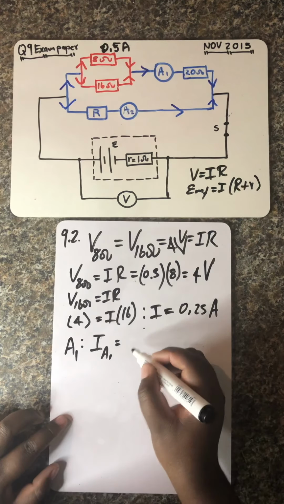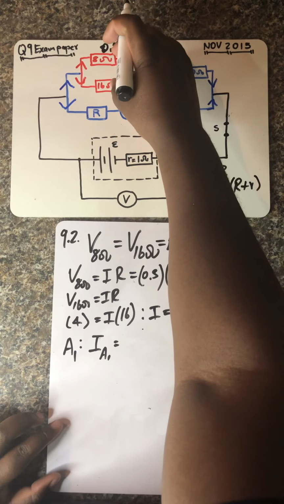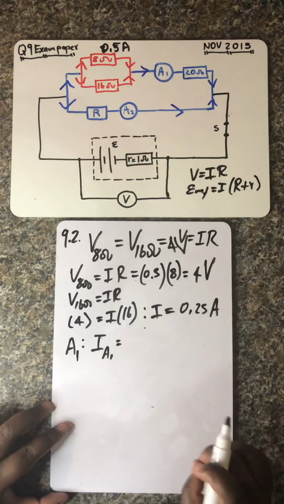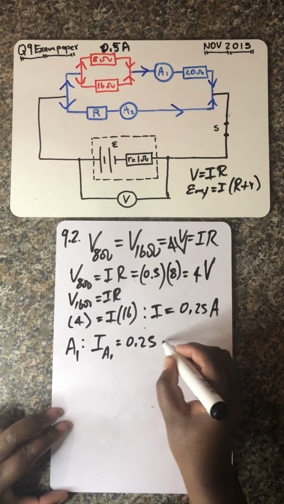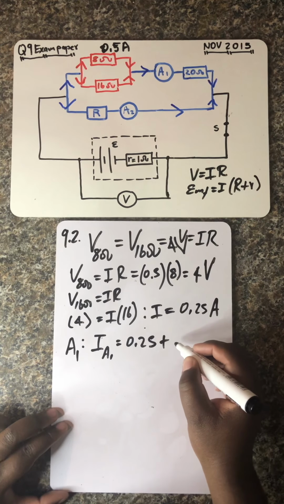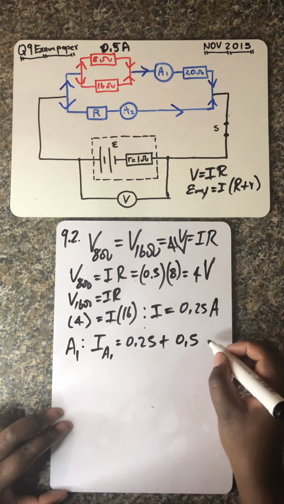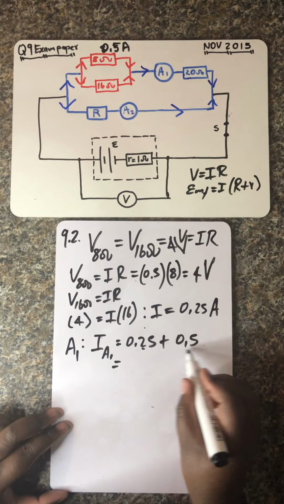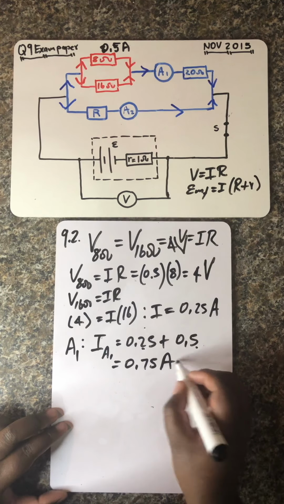It's actually the total current flowing through that branch of the parallel connection. So I've got 0.25 plus 0.5, which is 0.75 amperes.